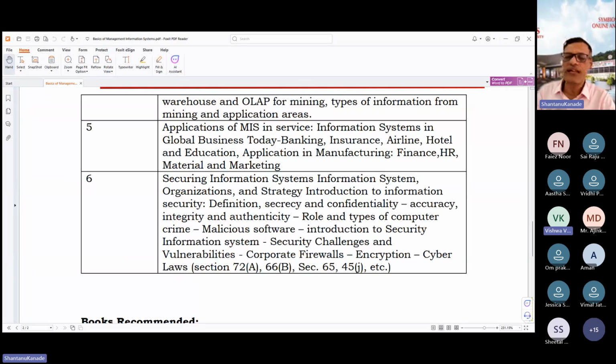So this IT Act covers most of these things in cyber law. Okay, so these are the components that we are going to see in our syllabus.